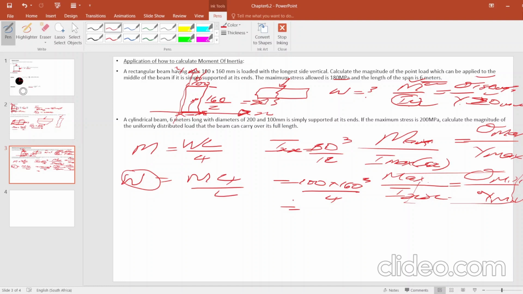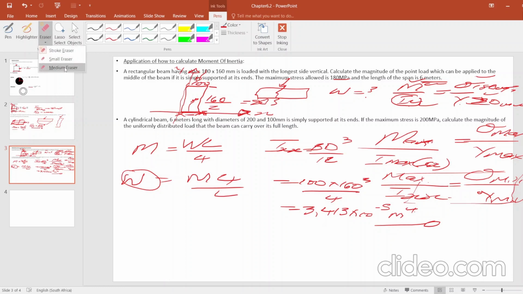Always use the meters. Then we get our answer as 3.413 times 10 to the power negative 5 m⁴. Right, this is how you calculate your moment of inertia. Let's look at the second question there.